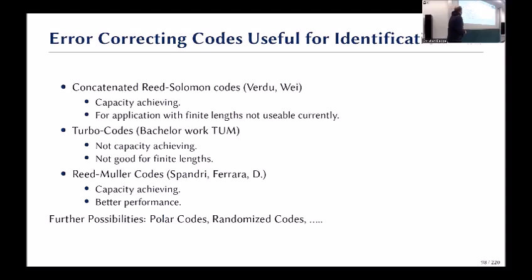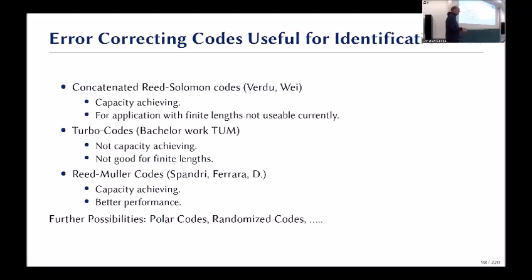So we go then to different codes. We tried turbo codes, and even these are not capacity achieving and not good for finite lengths. Then you try Miller codes, and the first theoretical result is that they are also capacity achieving. It's a little bit simpler than perhaps this construction here, and for finite lengths they have better performance.